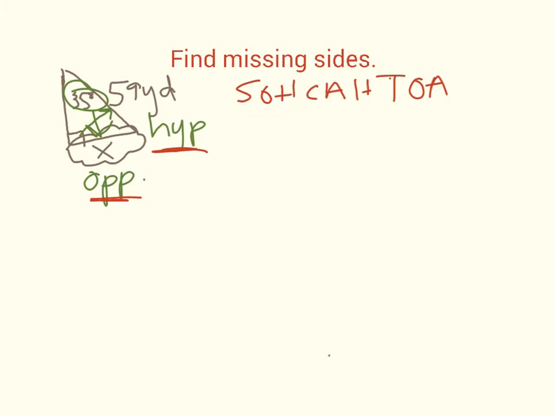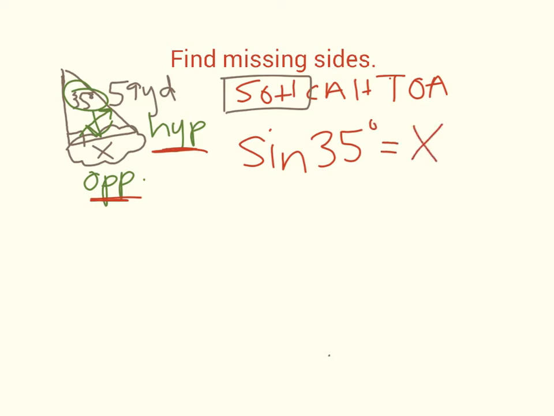Well, it looks like I've got that with the sine. Cosine does adjacent and hypotenuse, and tangent does opposite over adjacent. So I know, based on the sides that I've labeled, that I'm going to be using the sine function. Okay, so I'm going to set up my problem. The sine of 35 degrees equals the opposite side, which is x, over the hypotenuse, which is 59.